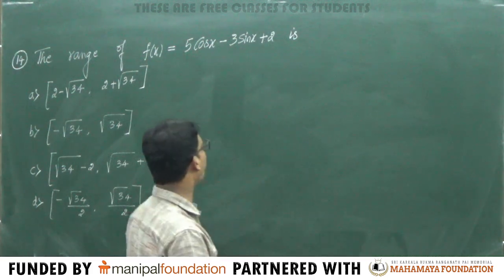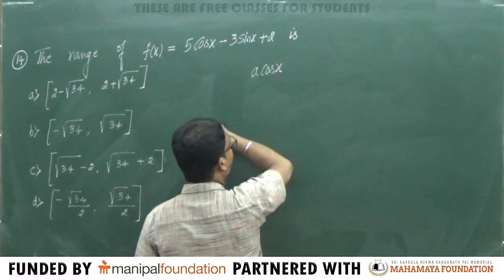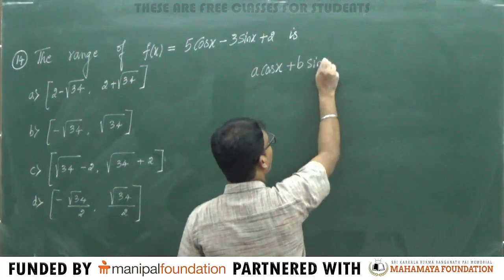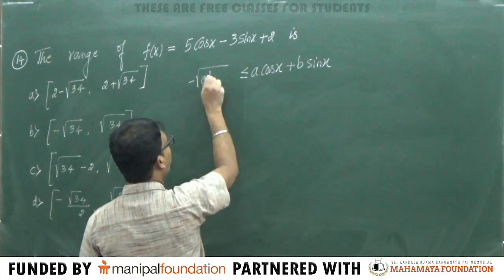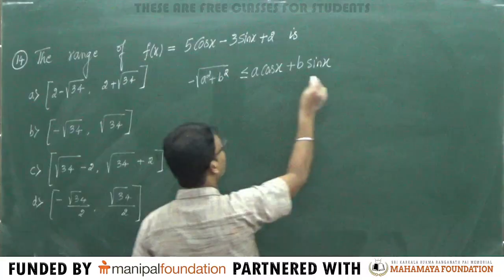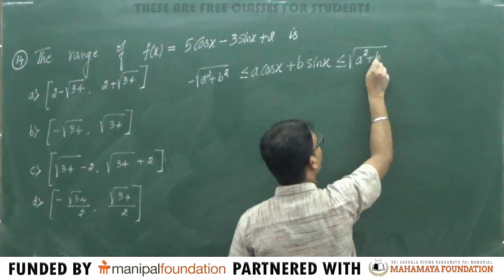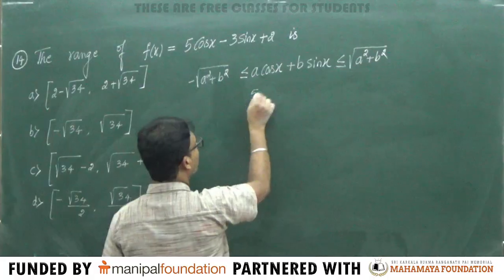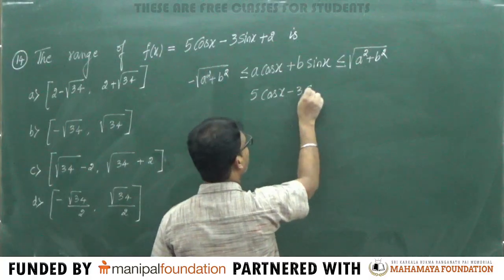And please remember, whenever a trigonometric expression is given, say a cos x plus b sin x, it always lies between minus root of a square plus b square and plus root of a square plus b square. So here there is a trigonometric expression 5 cos x minus 3 sin x.